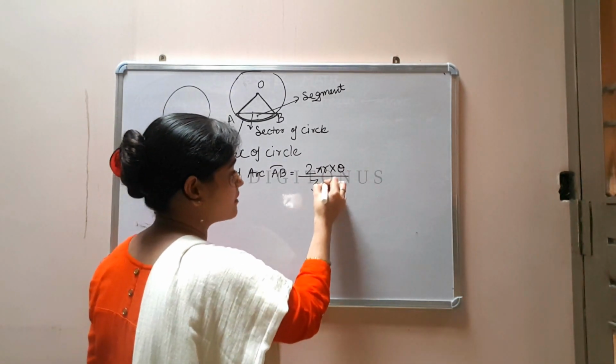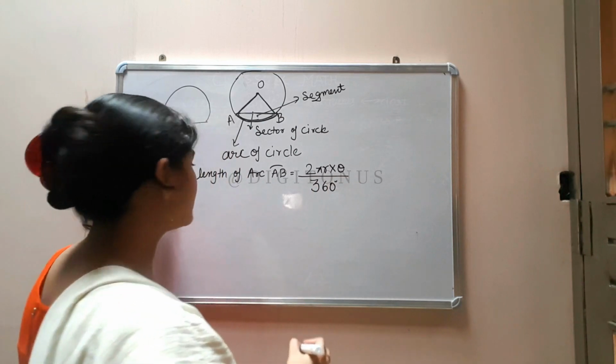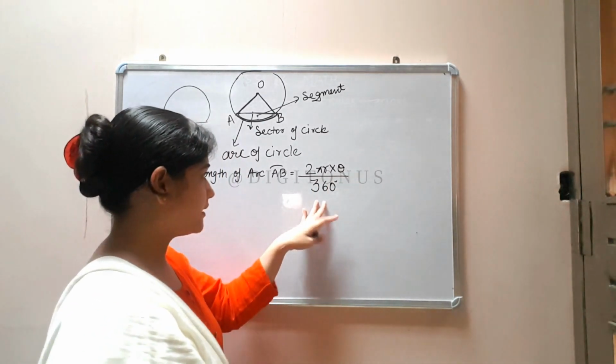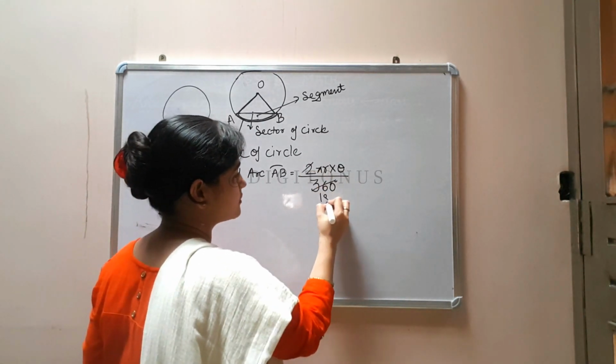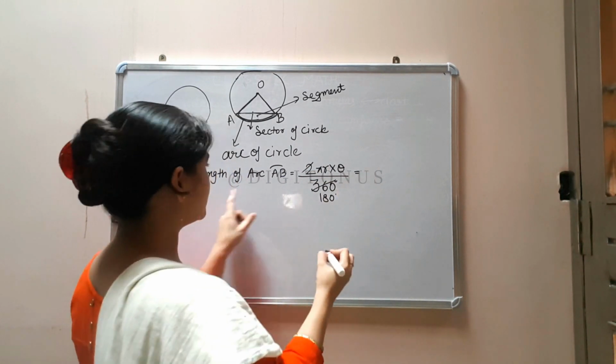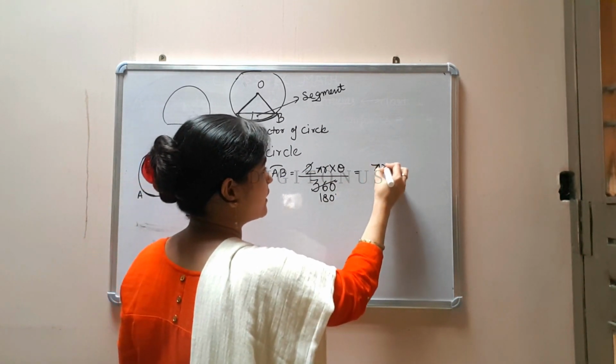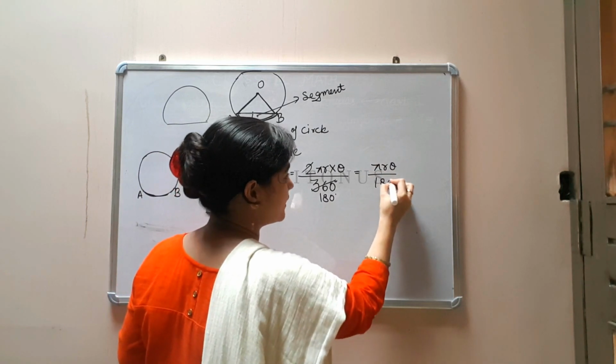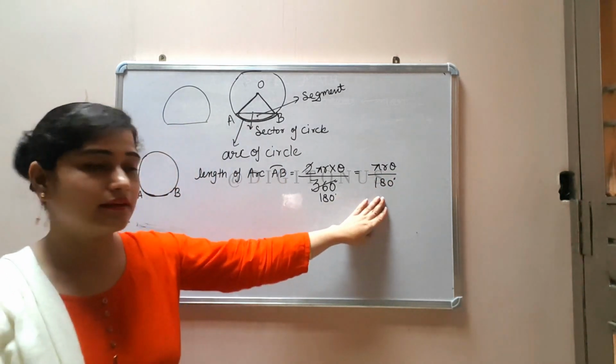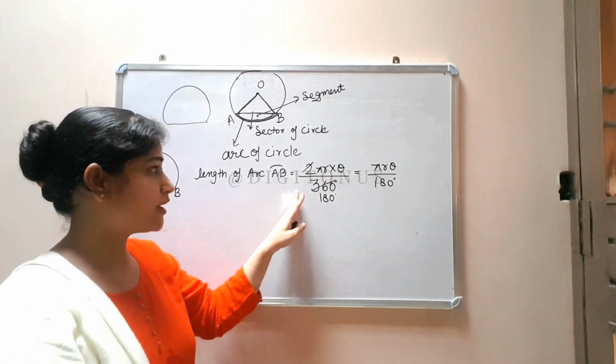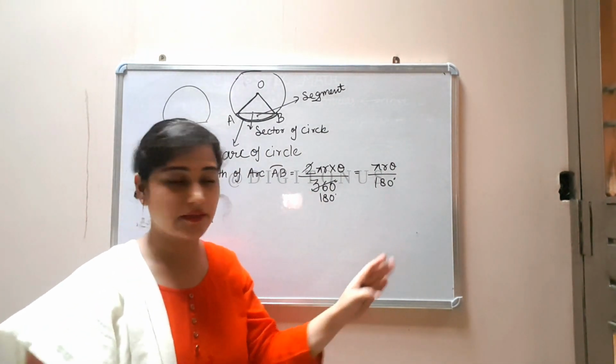So divide by the complete angle, and the circle complete angle is 360 degree. Now solve it. So what is the formula of the length of arc AB? Pi r theta upon 180 degree. You can learn the direct formulas, but it's my duty to tell you how we are making them.